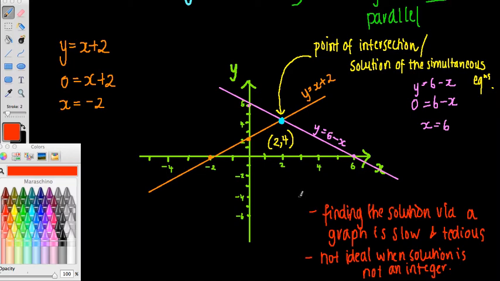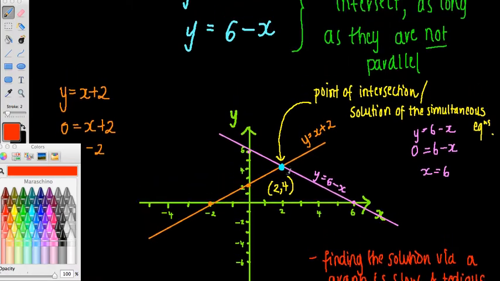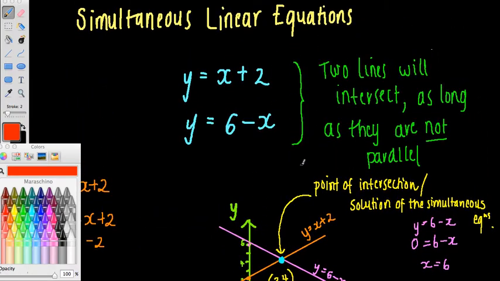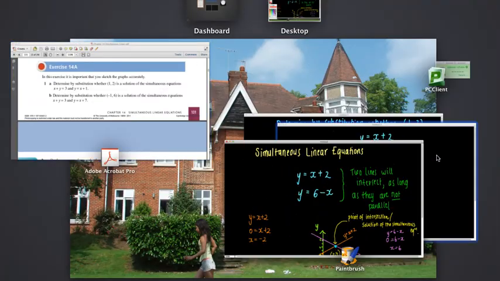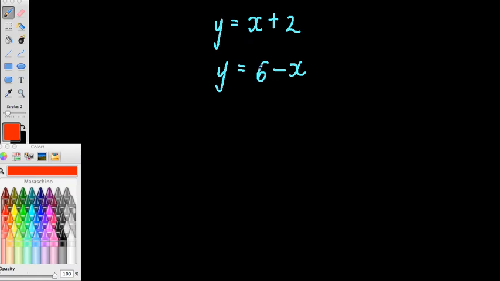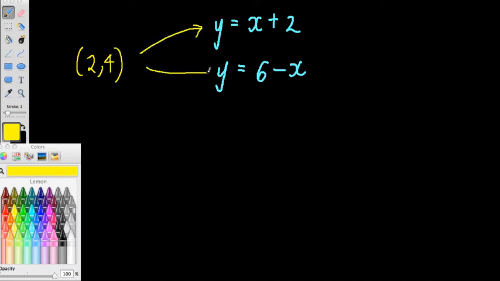Now, another thing about this solution here, 2, 4, if I go to my next page, there it is, is that what we should find is it satisfies both of these equations. What I mean by that is if I substitute the x and y values into both of these rules, both equations should be true.